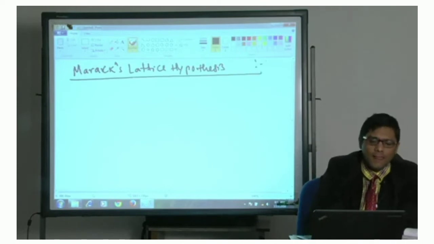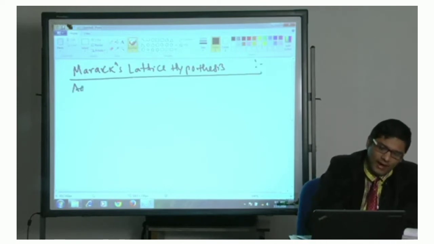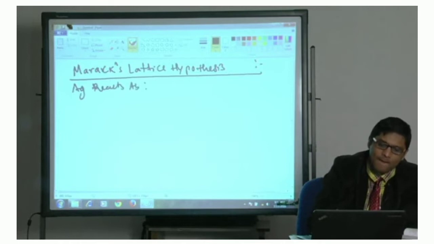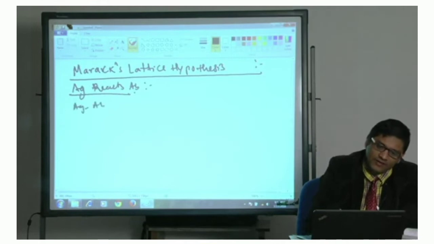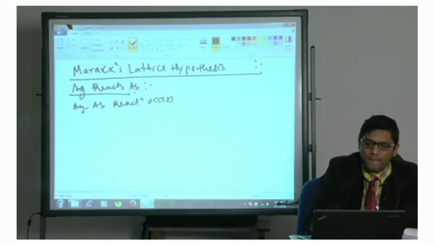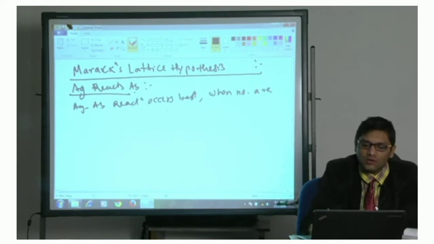They say that the antigen-antibody reaction occurs best when the numbers are equal to each other.